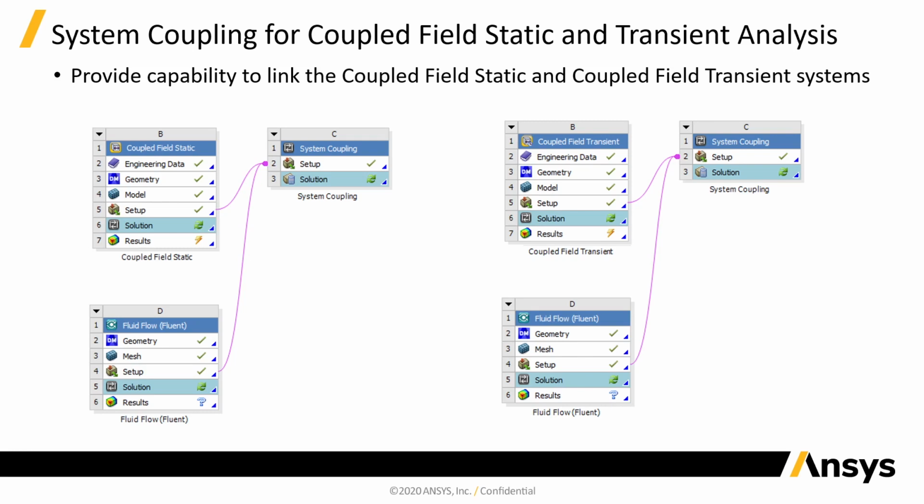Now, if you look at the system coupling between structural mechanical and CFD, like Fluent, it has been around for quite a while, but now they have enhanced it as well with thermal behavior. So it's called coupled field, both for static and transient, and it just means that you can include thermal behavior as well, for example for conjugate heat transfer.